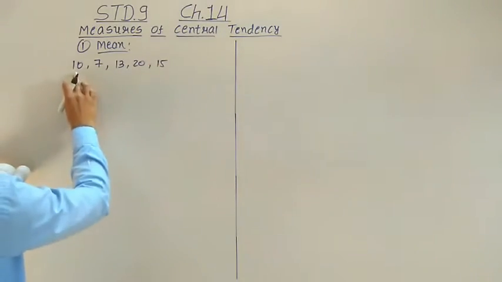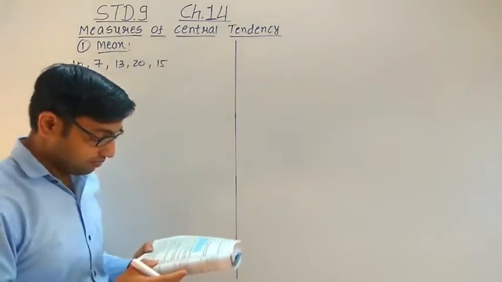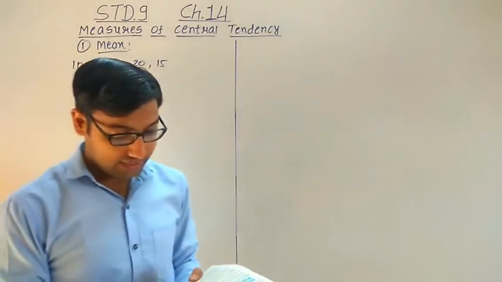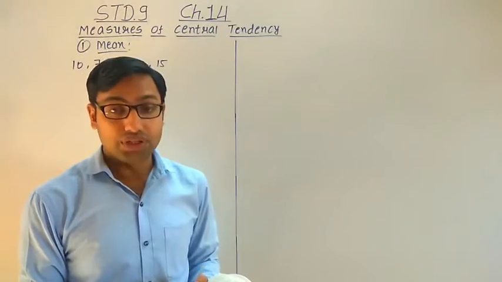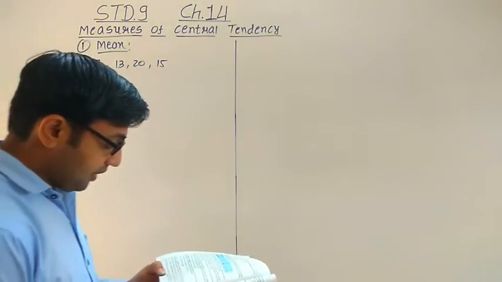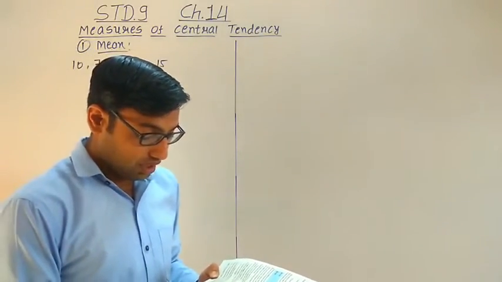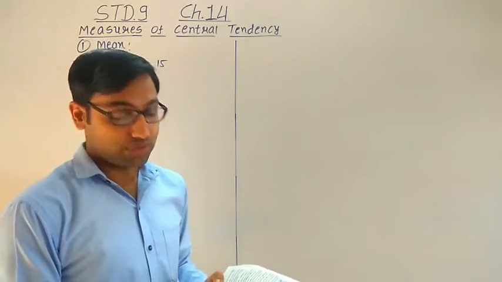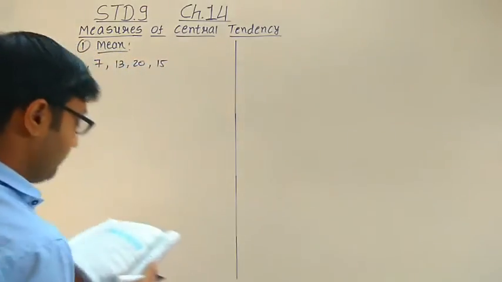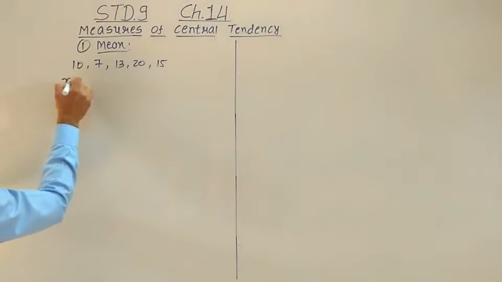So these 5 people, 1, 2, 3, 4, and 5. These are the times the 5 people take in doing the social work. So here we have to find the average or mean time in a week devoted by them to the social work.